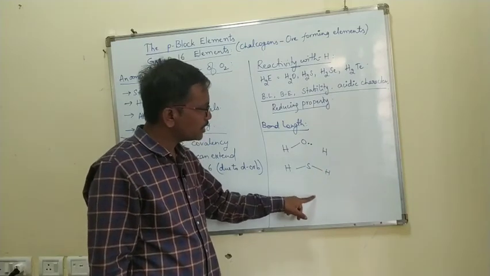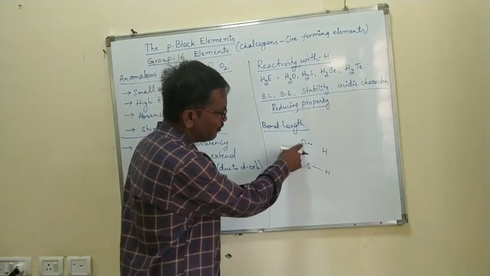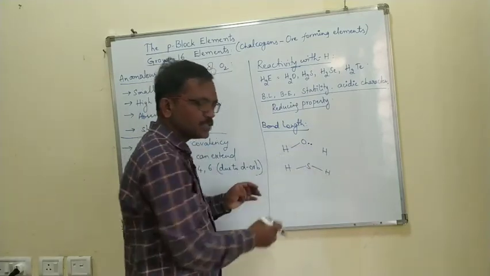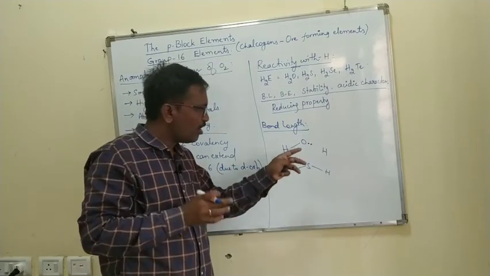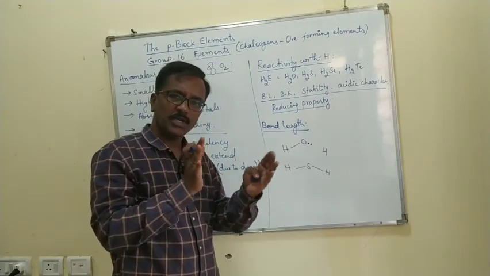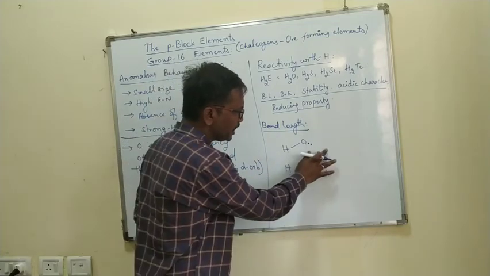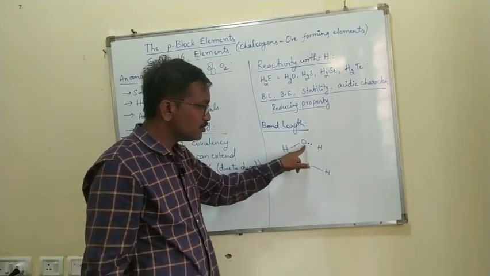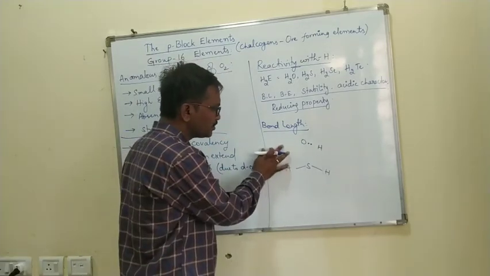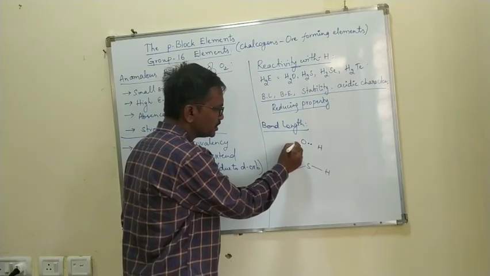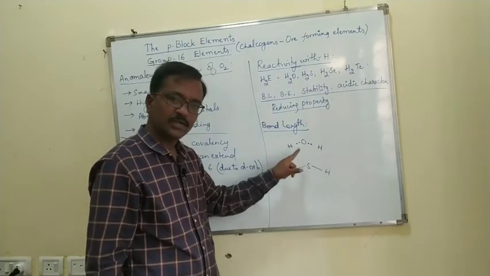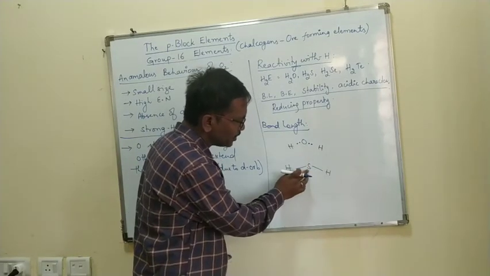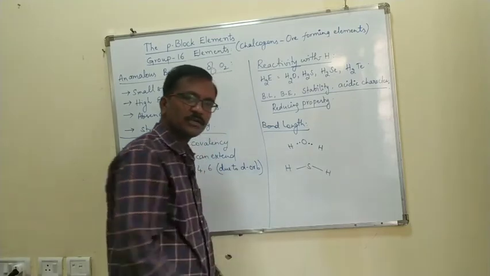Sulfur is more electronegative than selenium. So when you go down the group, if these two electrons are nearer to the oxygen, the oxygen-hydrogen bond length will be shorter, right? It will come closer to the oxygen. Here also these two electrons come closer to the oxygen because oxygen electronegativity is more. In the case of sulfur and hydrogen, compared to oxygen, sulfur electronegativity is less.